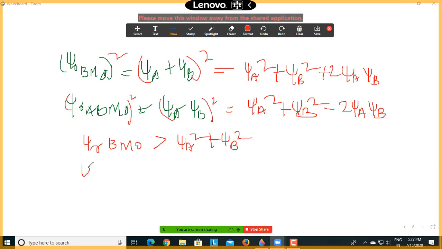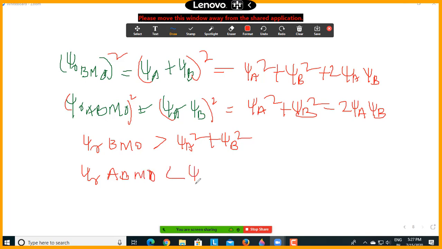And psi resultant square for anti-bonding molecular orbital is less than psi a square plus psi b square by this value.